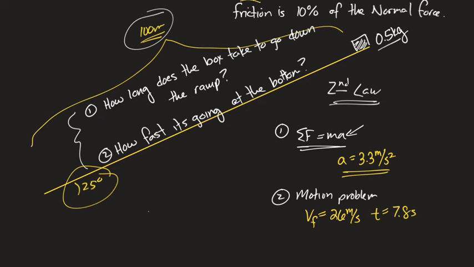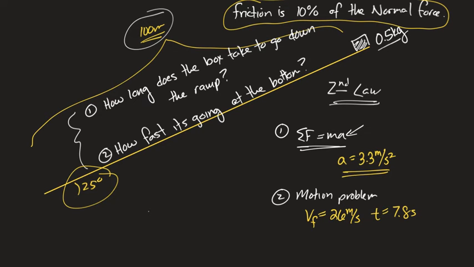Information: friction is 10% of the normal force. This problem wouldn't be stated like this. I would never say friction is 10% of the normal force. I would say the coefficient of friction is 0.1.